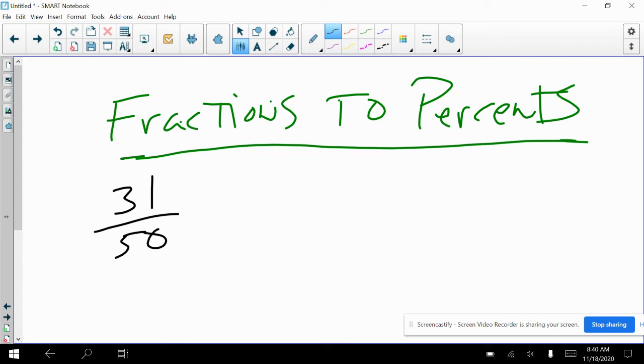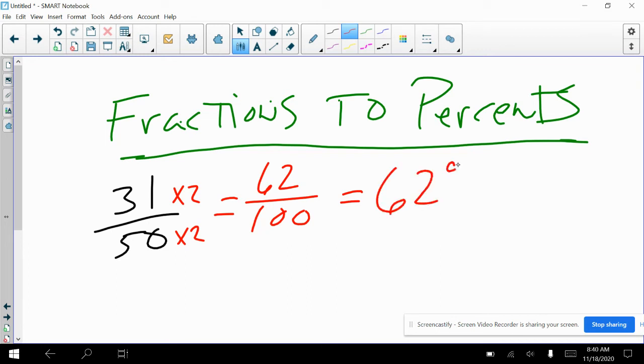Yeah, you always want to try to get the denominator to 100, right? Because if it's 100, we already said before that the numerator is the decimal equivalent. Remember that? Okay, well, if your denominator is 100, it's also your percent.